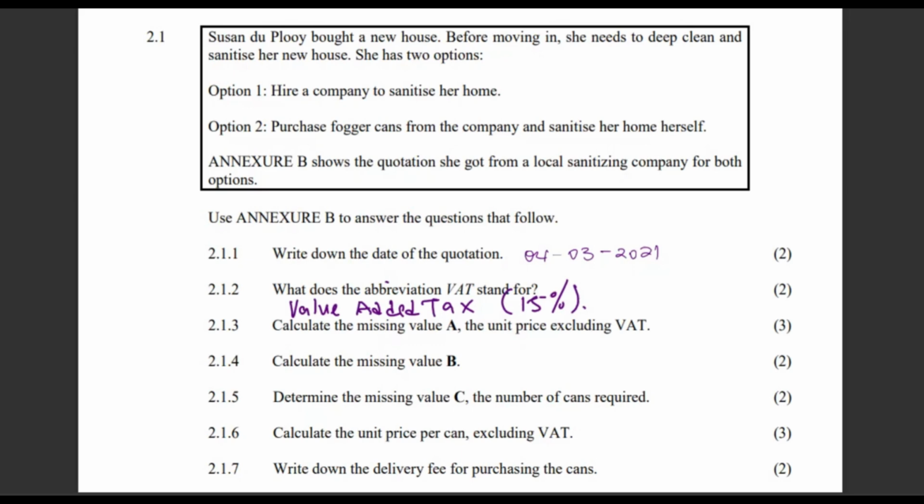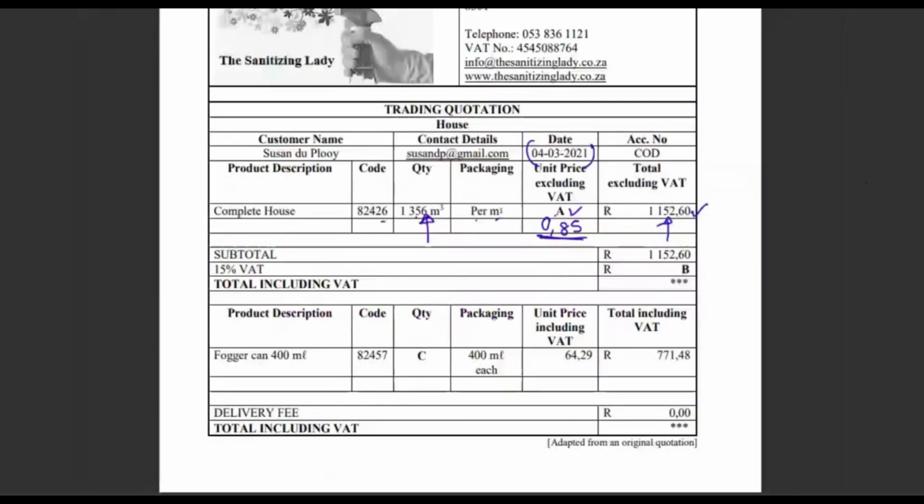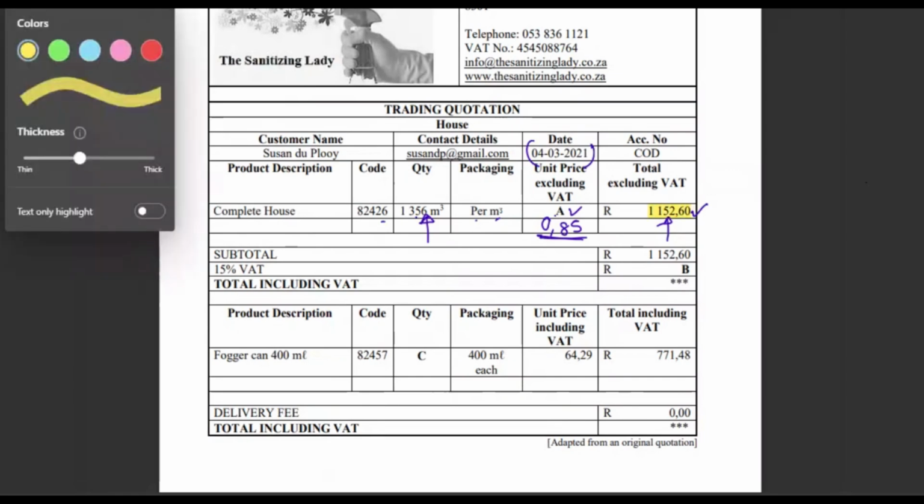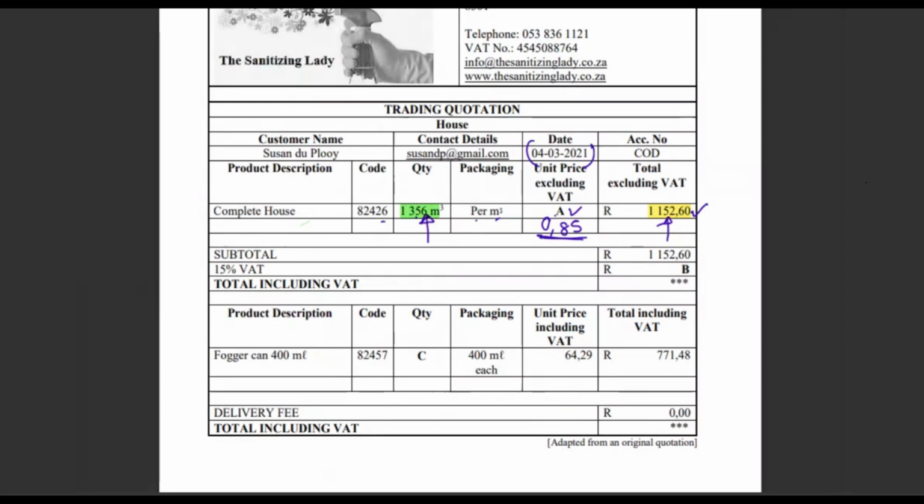So this means per what? Per meter cubed, they charged 85 cents.